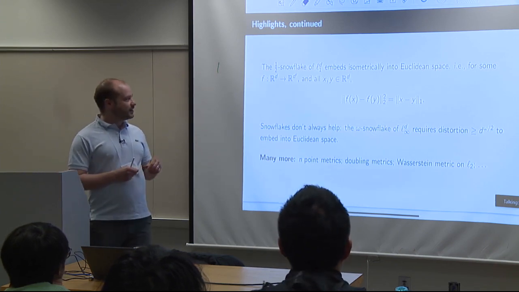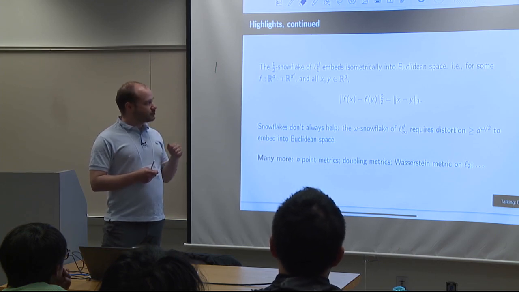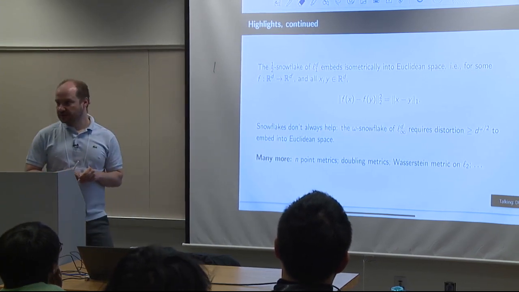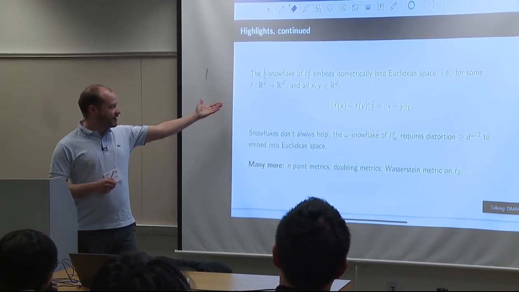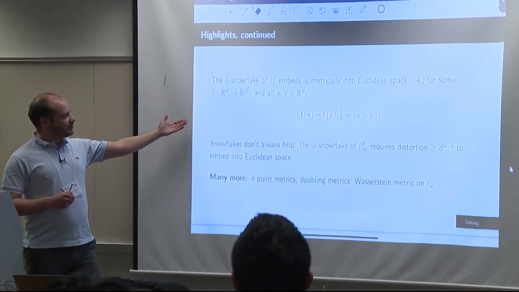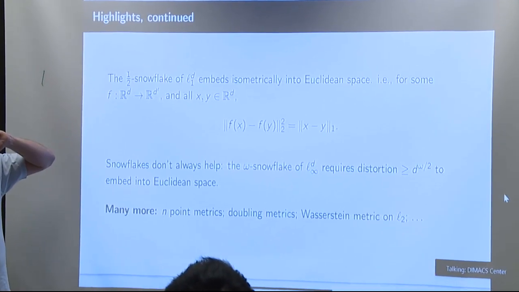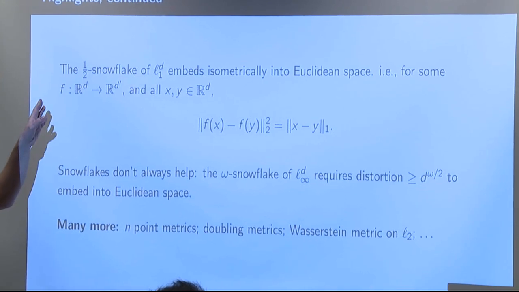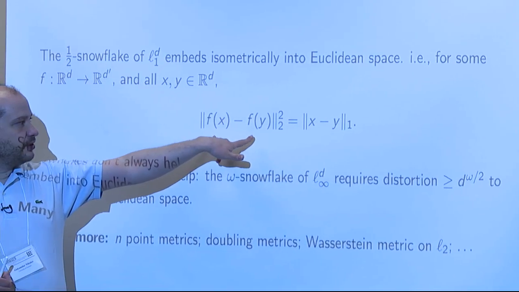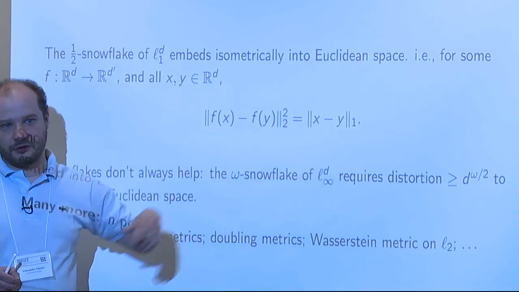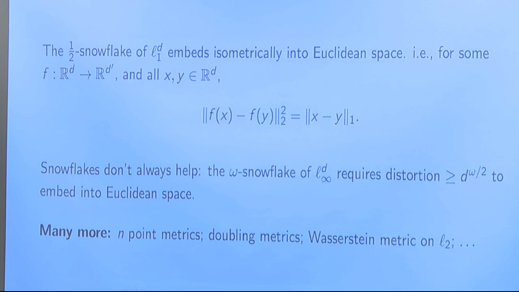I can take the half snowflake of L1, and that embeds isometrically into Euclidean space. In other words, there's some function f that I can apply to my vector space R^d, so that after I apply this function and take the Euclidean norm squared, that's exactly equal to the L1 norm before I apply the function.